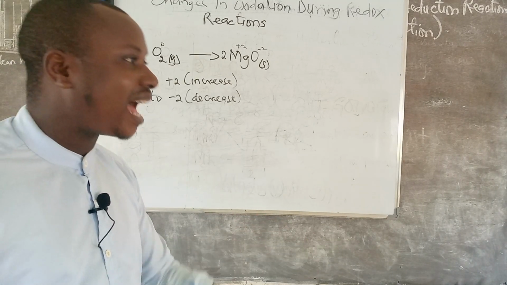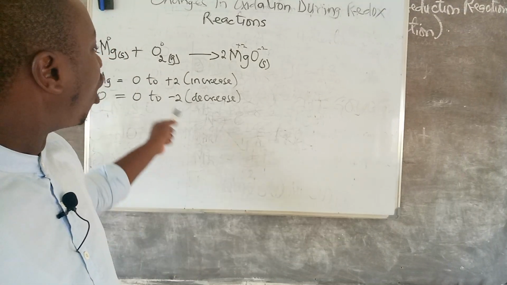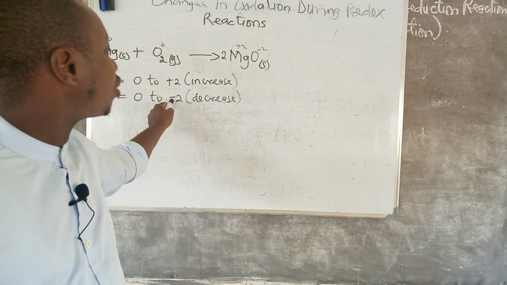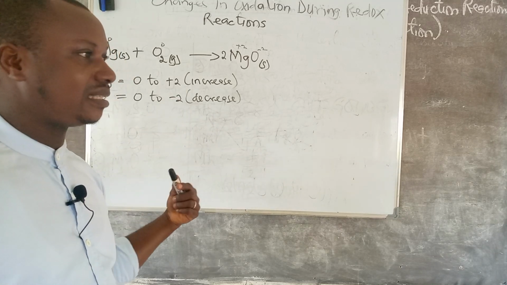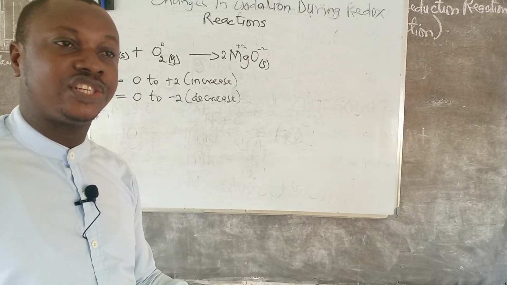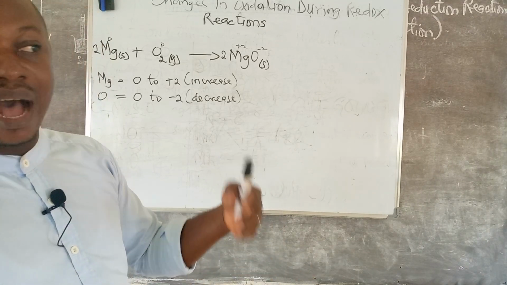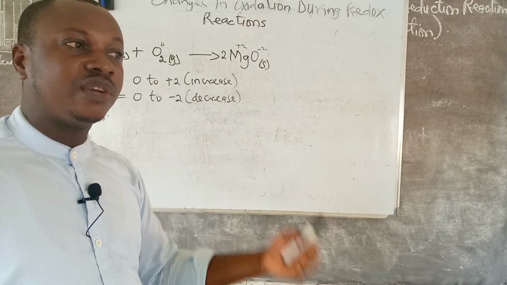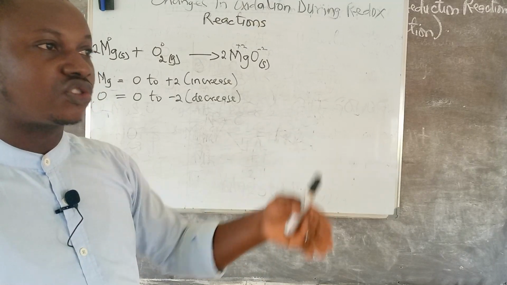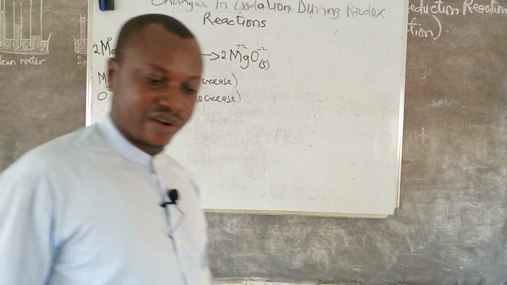Something has been oxidized means it has lost electrons. So oxygen here has accepted 2 electrons. Minus 2 is acceptance. Like I have told you, non-metals are negatively charged because they are good acceptors of electrons, while metals are positively charged because they are good donors of electrons. So that is a good example.